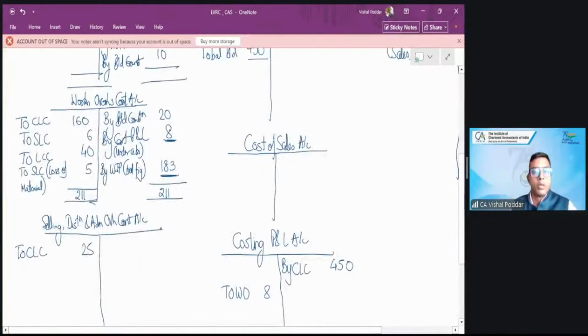So even this is closed. Selling, distribution, administration, we will transfer it to cost P&L.